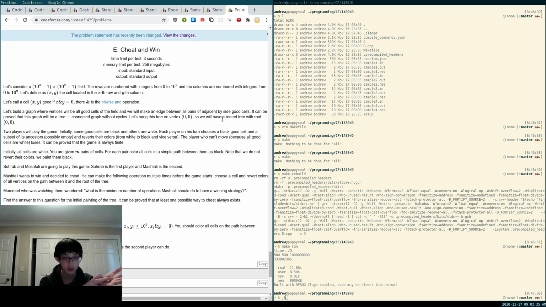So one way you can phrase this is: there's this tree, and initially you have one token on each black node. On your move, you can take a token from a black node and put a token on some subset of its ancestors.